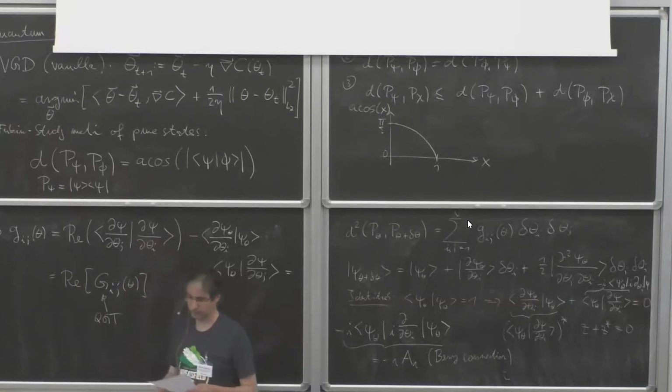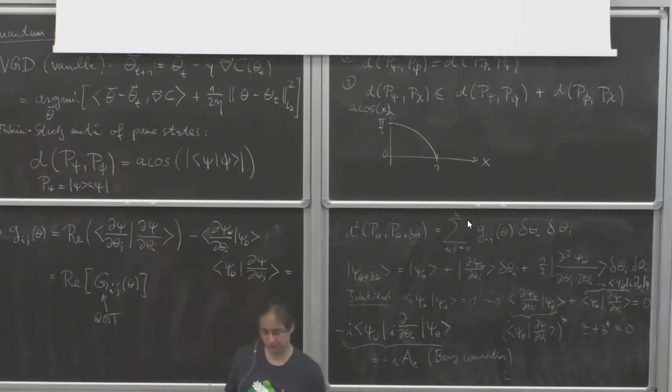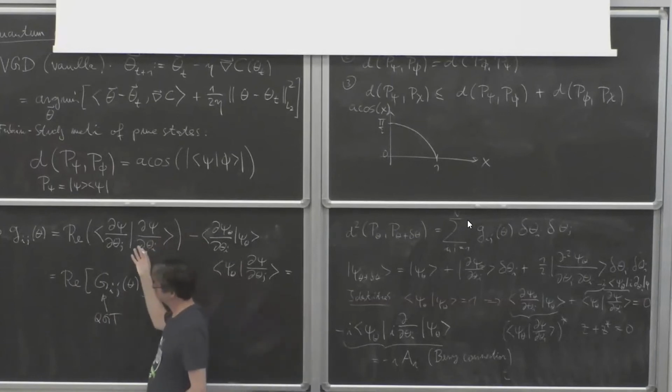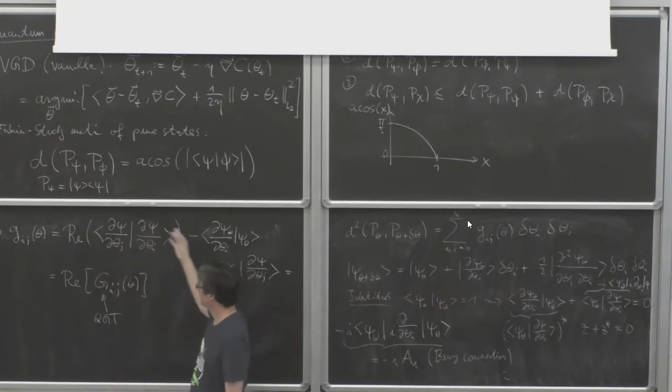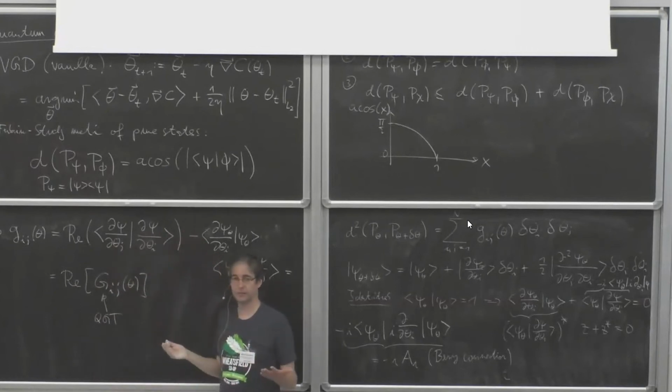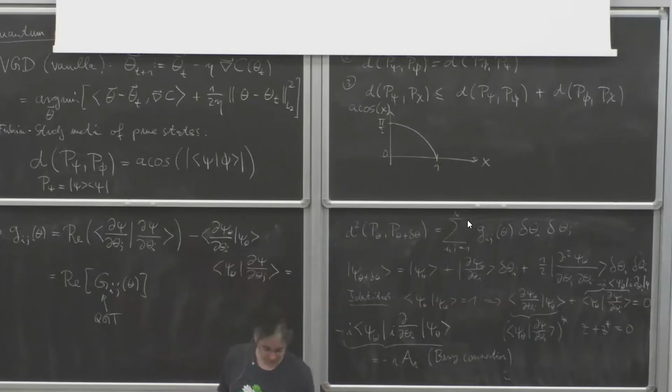For us it's important because the variational state you may reparameterize, and that may give you very different distances in parameter space, but not in the space of states itself. And so this is invariant under reparameterizations because it's a metric on the pure states. It gives you the actual geometry on the Bloch sphere, if you want to think about it this way.